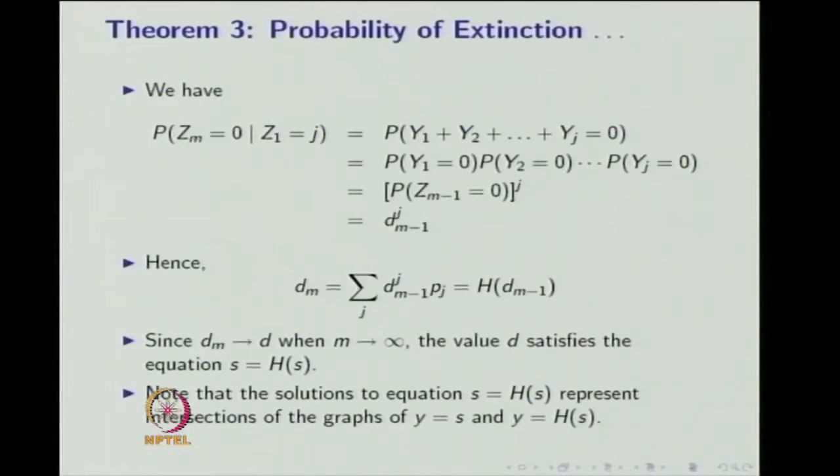So, hence we get d_m is equal to h of d_{m-1}. Since d_m tends to d as m tends to infinity, the value d satisfies the equation s is equal to h of s, because d_m is equal to h of d_{m-1}. Therefore, the value d satisfies the equation s is equal to h of s.